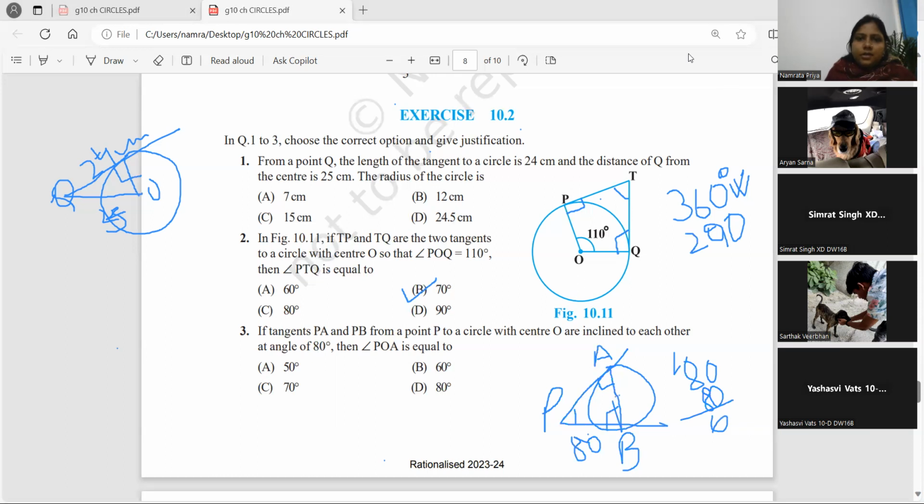Happened. The annotation stopped. Okay, so this is 260, isn't it? And 90 plus 90 is 180, plus 80 is 260.